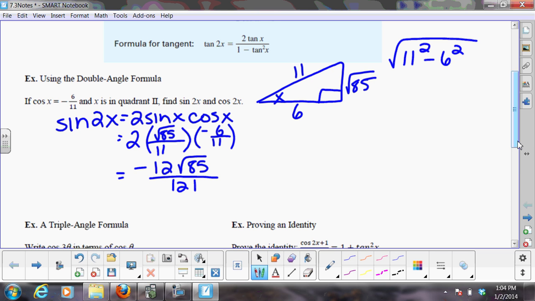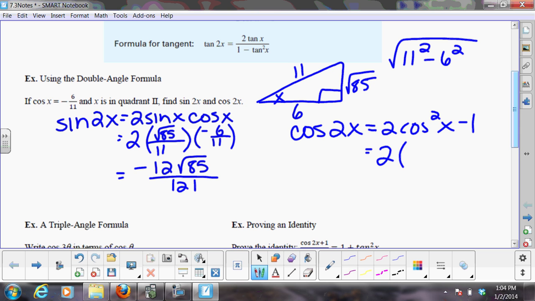Cosine 2x. Now I can choose any one of the formulas up above, but I'm going to choose the third one because 6/11 is a nicer fraction than anything with a square root of 85 in it. So cosine 2x is equal to 2 cosine squared x minus 1. We put our 2 down, -6/11 for our cosine x, we're squaring it, minus 1.